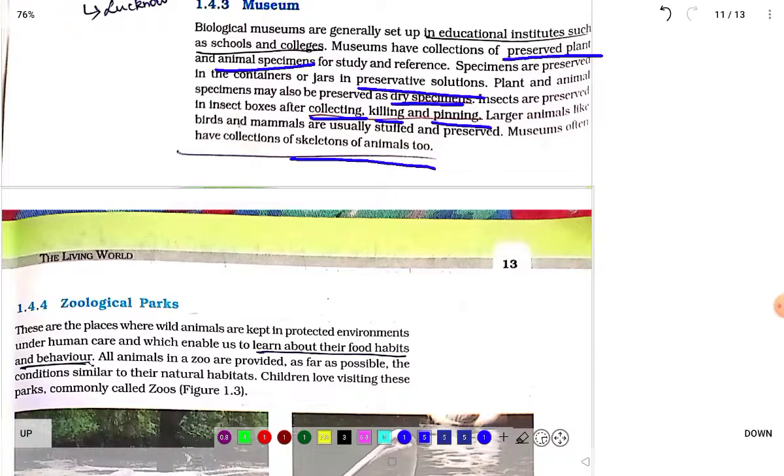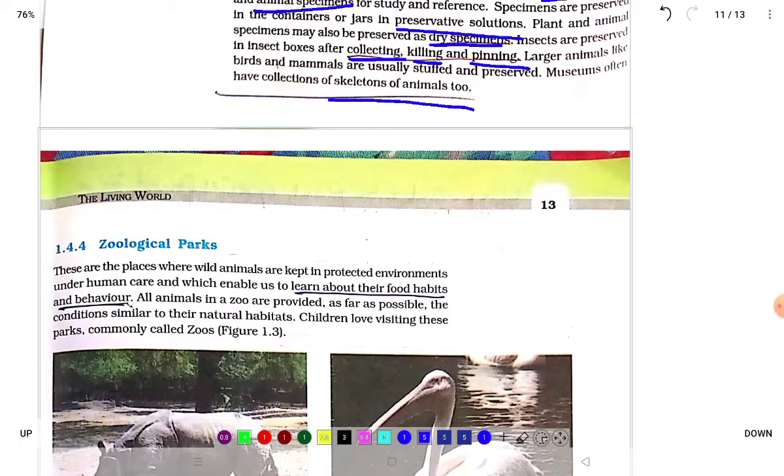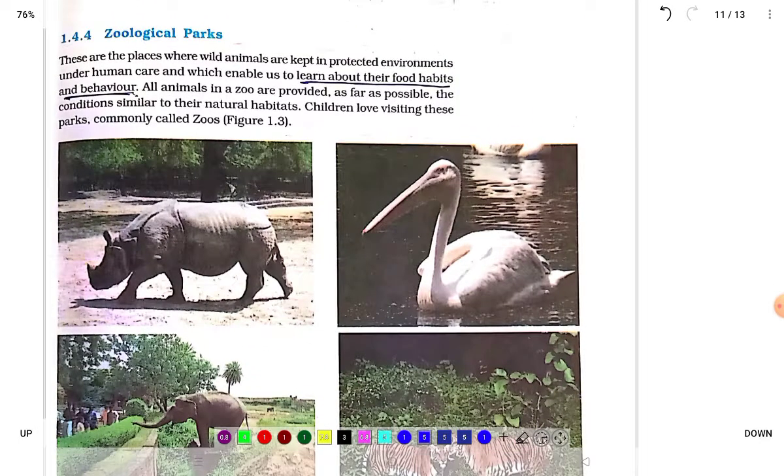So the museum preserves both plant and animal specimens, in a preservative solution or as dry specimens, and animals can be seen in the form of skeletons too. Dinosaurs and all, in museums we can see as a skeletal form, that is, a model will be presented. Real dinosaur skeletons can't be seen.